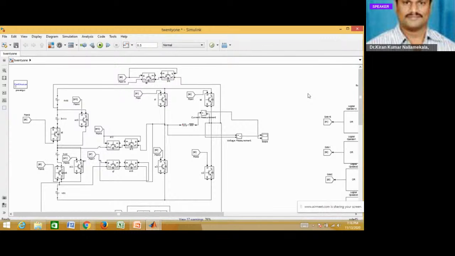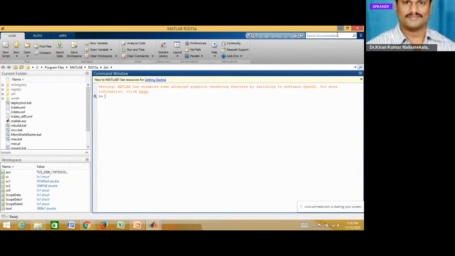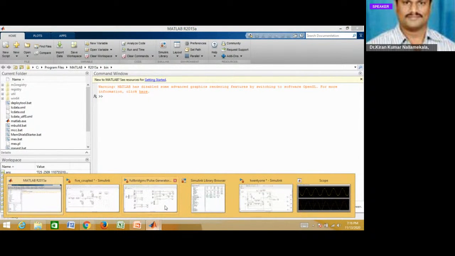So this is how we can generate the gating signals. If I find time and if I conduct one more session in the coming days, I'll teach you with the help of same multi-level inverters how to eliminate the harmonics. That is a very, very interesting topic.